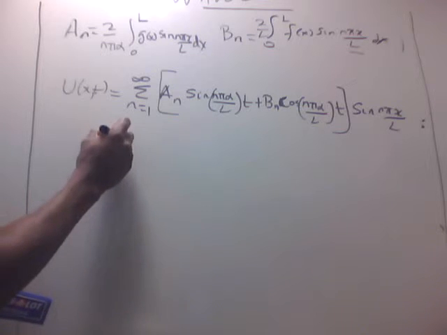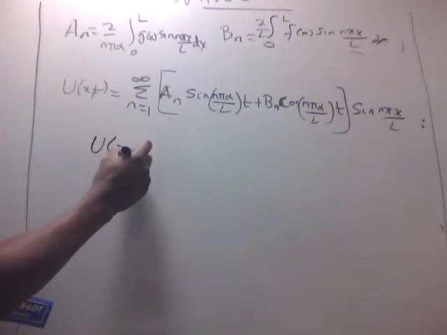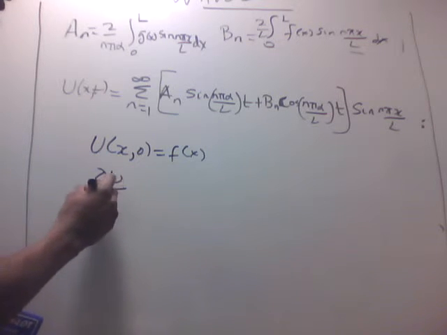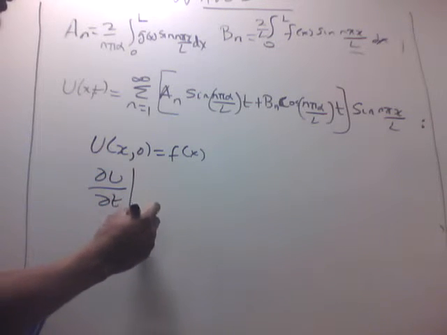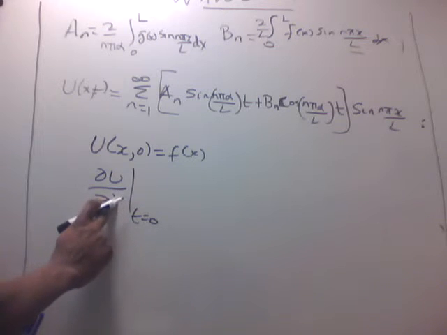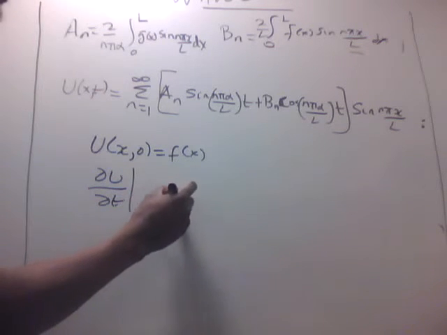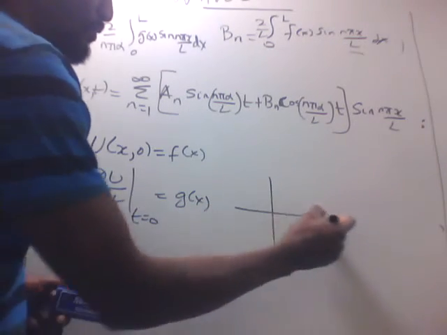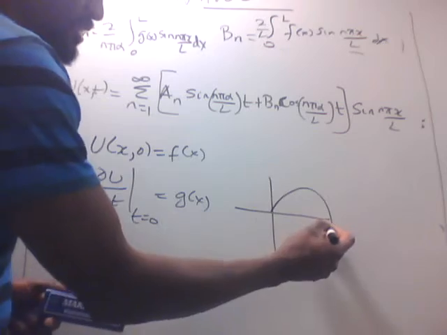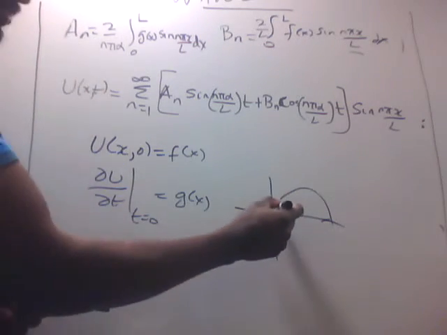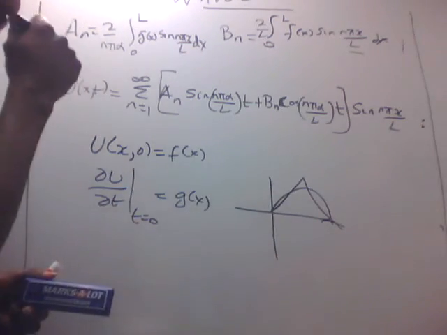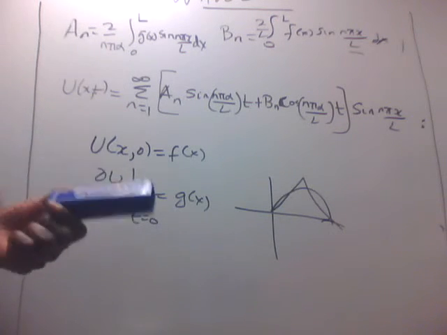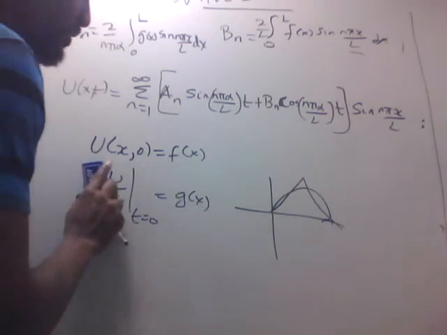We just gave you an arbitrary function f of x and an arbitrary function g of x. If I'm giving you an actual function that you know, I know the shape of my string to be maybe a sine function or whatever form the initial condition, can I determine the final solution? We'll look into that next class as well on Wednesday.